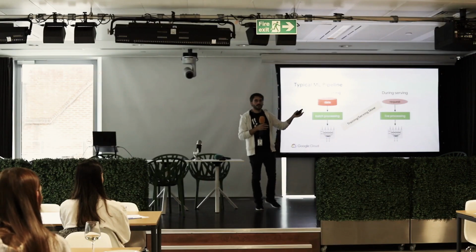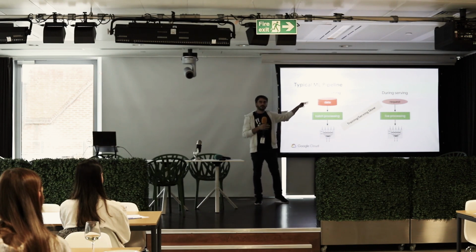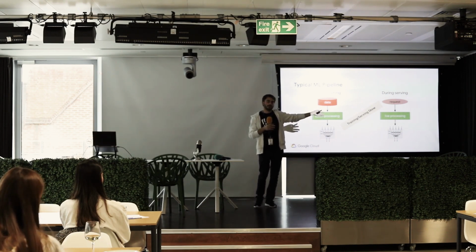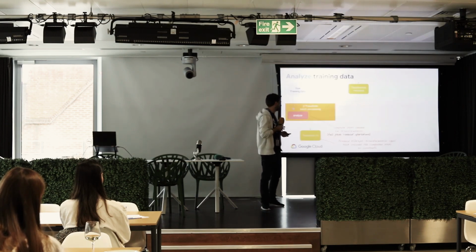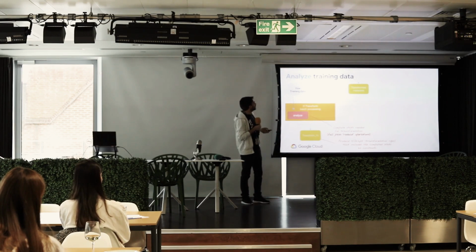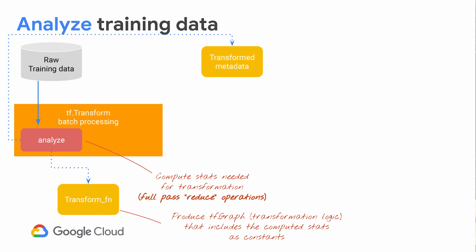Okay, so I have date of birth and calculate the age, and then I train my model. Well, if my production model receives date of birth, it won't know what to do with it, so that's not a valid input. And we have the answer for this as well. So you get the raw training data and you analyze them using TF Transform. This analysis happens at scale in a distributed way again.